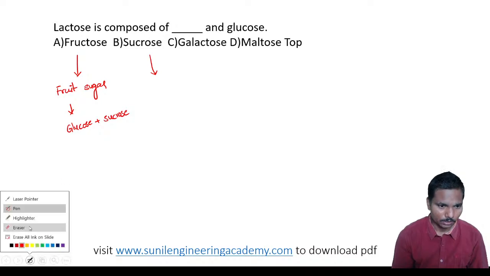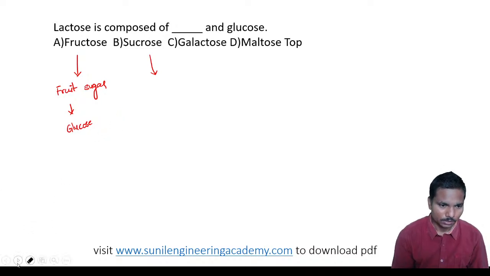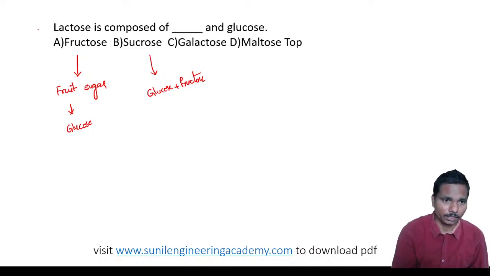Sucrose is nothing but glucose plus fructose. Sorry, don't mind. Lactose is composed of galactose, that is the answer.